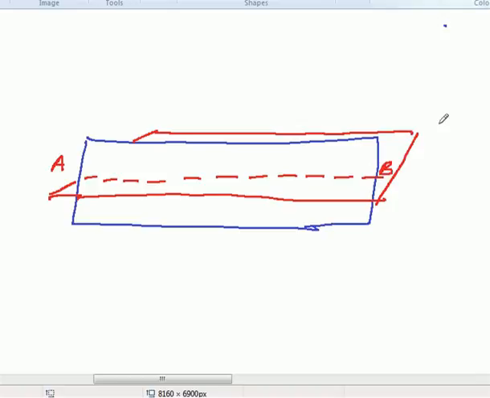And your plane 3 is like this. The line of intersection of plane P3 with P1 and P2 is CD.